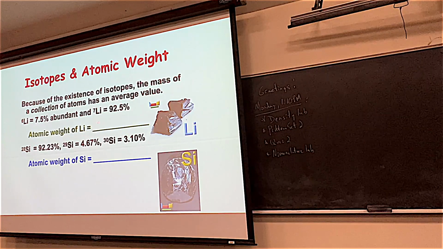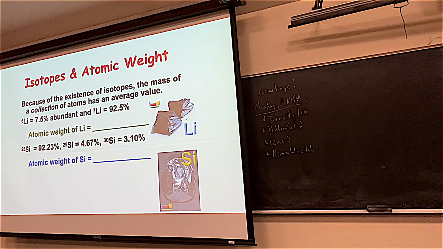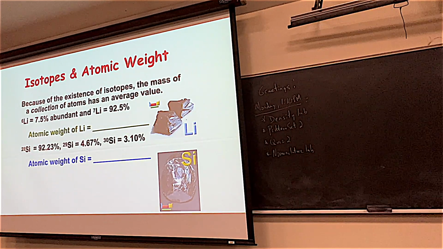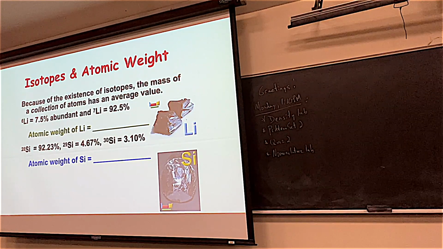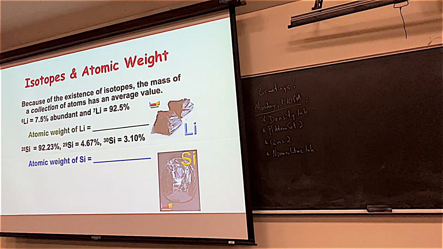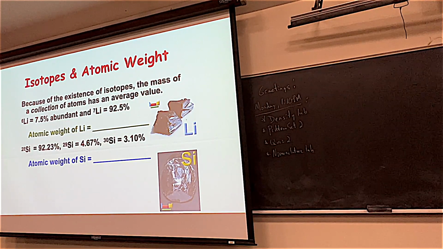92.23, 4.67, 3.10. Now, without looking at the periodic table, and if you do, it's okay, do you think the atomic weight of silicon, based on these percentages, will be closer to 30, 29, or 28? 28, well done. In math, if you have a higher percentage, you'll have more likelihood that number for your average.